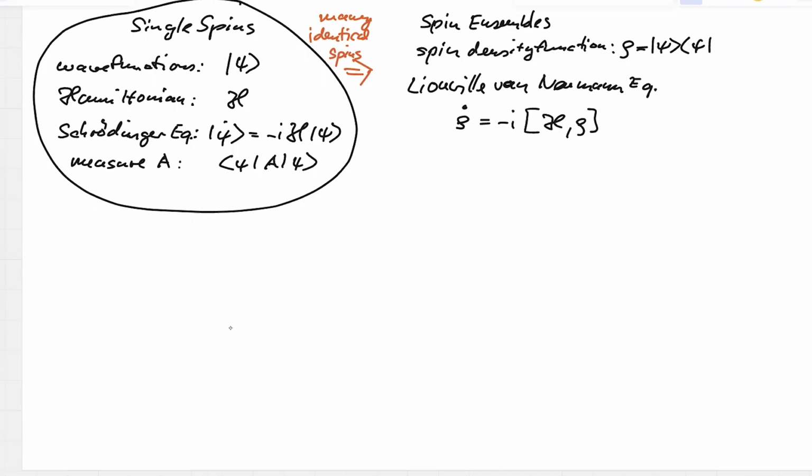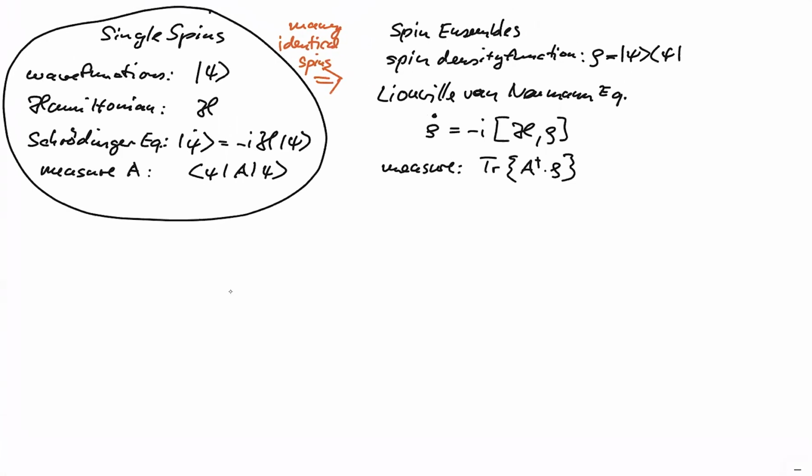And as the spin density function is represented by a matrix this time, the measure is mathematically described slightly differently. It is the trace of A dagger, the adjoint of the matrix A, times rho.